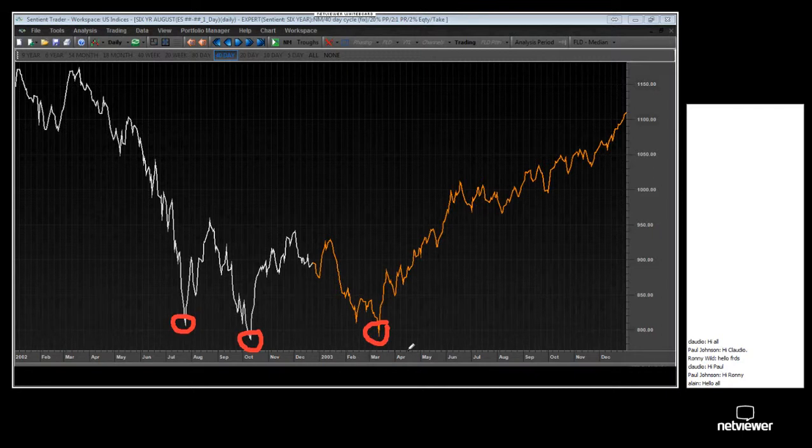And the final one was in April. You might remember it was in April of 2003 in the Indian and the South African markets, but it occurred in March of 2003, again a few weeks earlier, in the American markets.